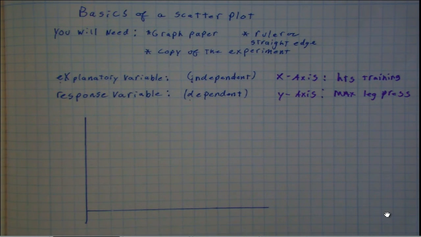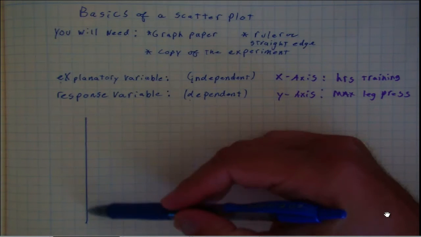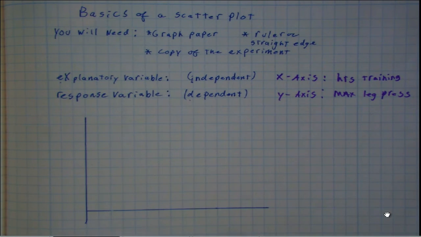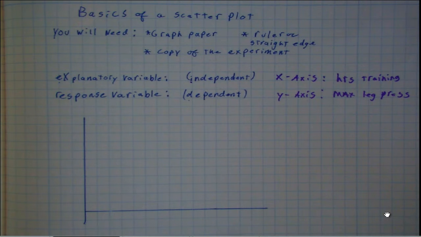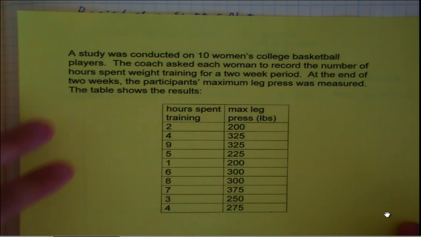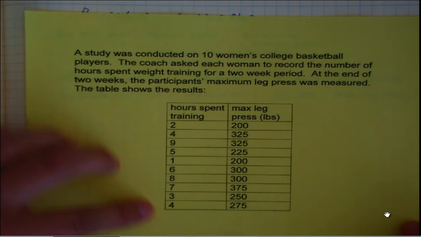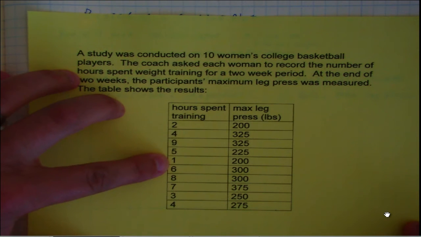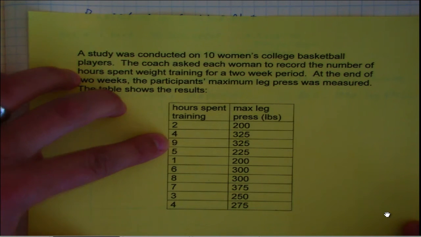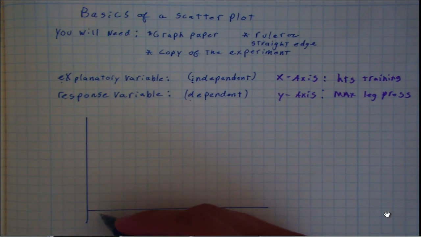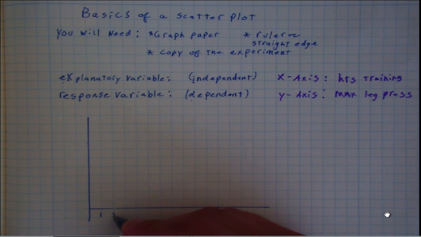The second thing to do now is to label your increments on your graph. So go ahead and draw your graph. I would recommend that you use 10 blocks each way at least. When you look at your data table, the smallest value for hours spent training is 1 and the largest value is 9. So we're going to order these from 1 to 9.